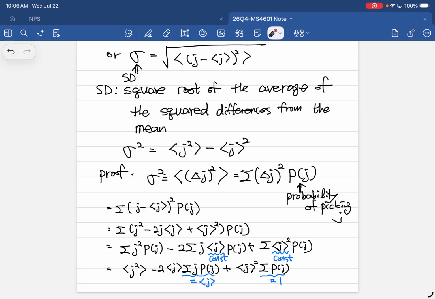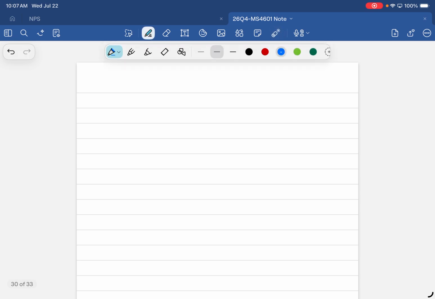So look at this now: j square bracket, minus 2 j bracket times j bracket, plus j bracket square. If we simplify that, it is written as j square bracket minus 2 j bracket square plus j bracket square.